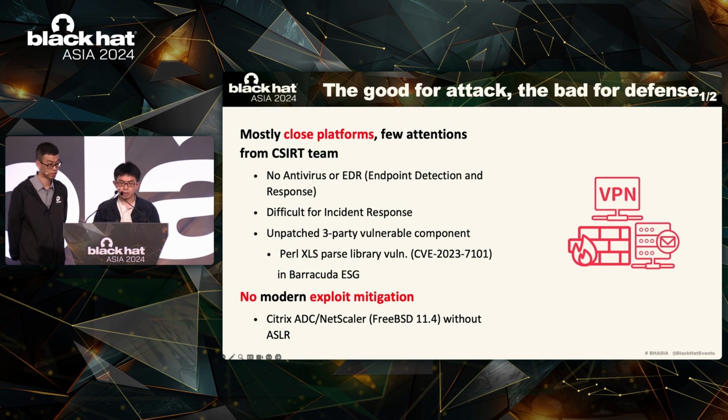So in the following part, we would like to explain and discuss why edge devices are perfect targets for intruders, and the imbalance between the blue team and red team in this conflict.